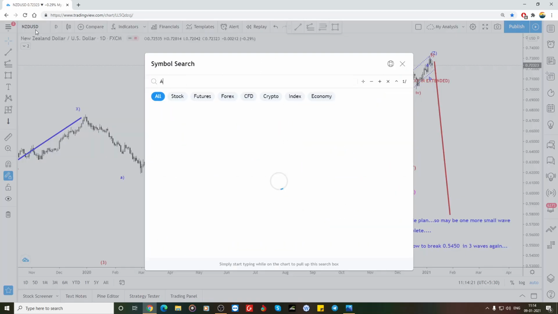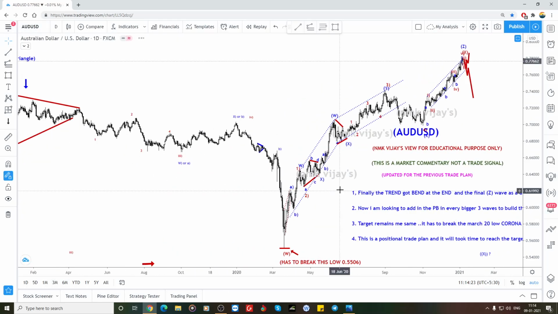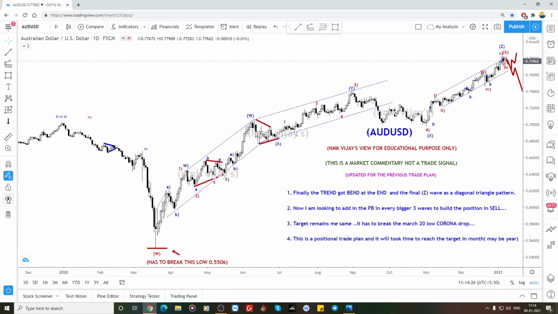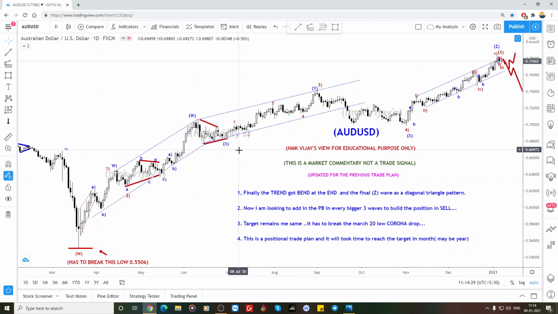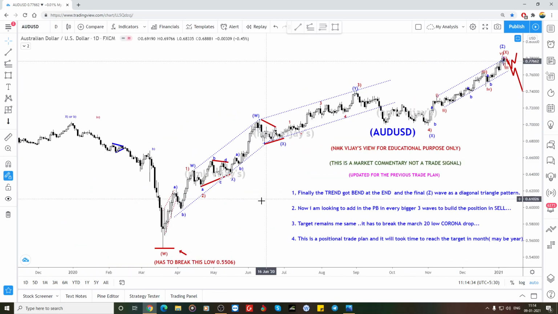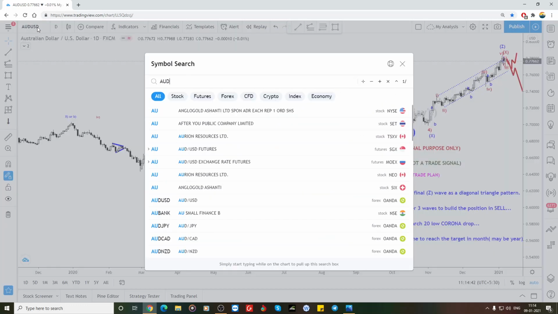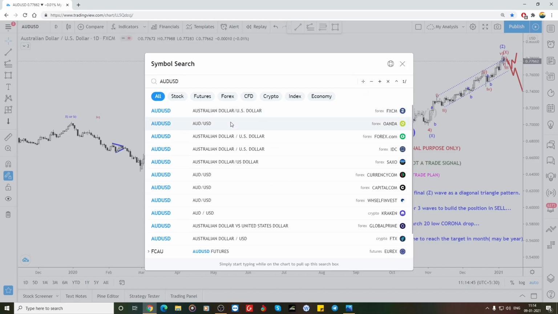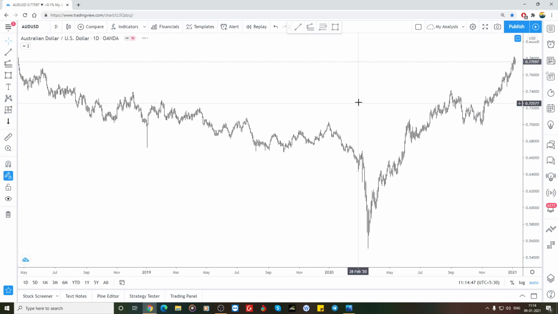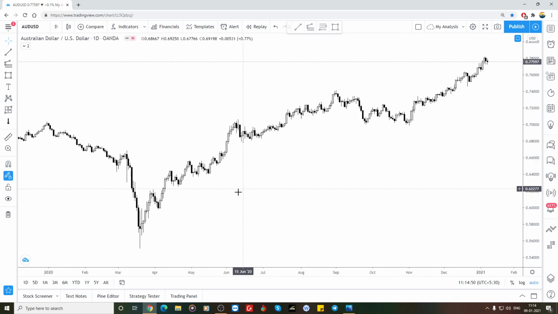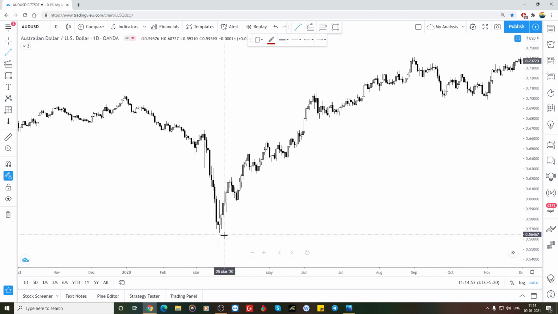And I need to show you one simple thing, because I did a lot of WX, WXY, right? A lot of people are not understanding this WXY pattern. So for that I will show you one more count on another platform. From here I will show you 1, 2, 3, 4 and 5.